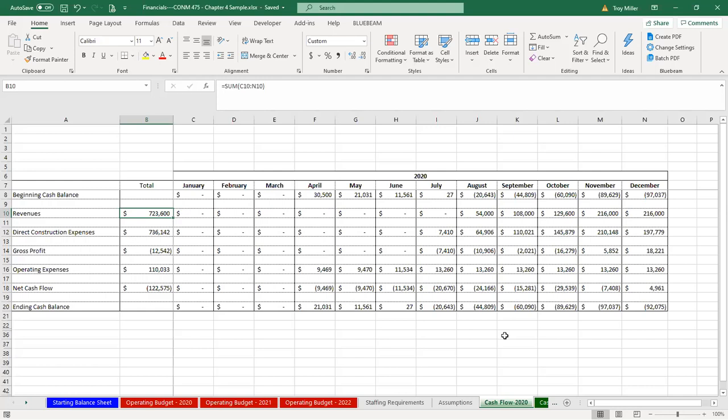Now, when we actually go through a project, we have a lot more things going on in terms of cash flow. And the main reason and the main point that we want to develop these cash flows strictly is we want to see what our cash needs are as a company.